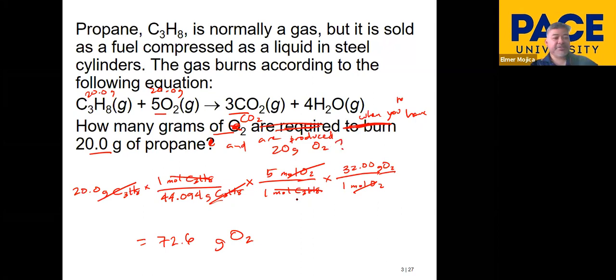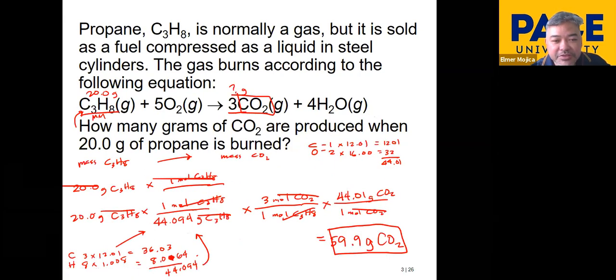I'm going to simplify this because we already solved how many grams of CO2 we produce from propene, and that's 59.9 grams of carbon dioxide.